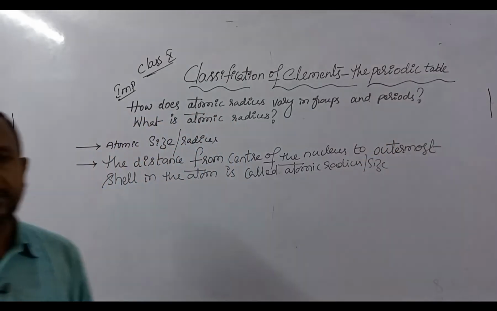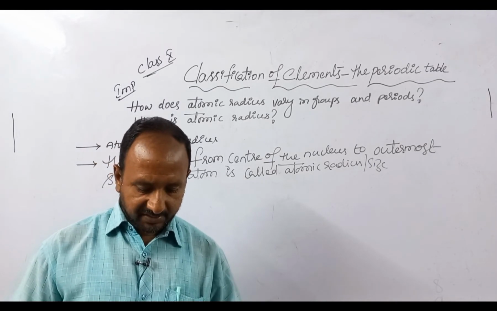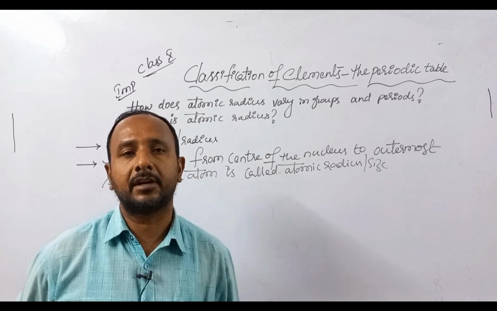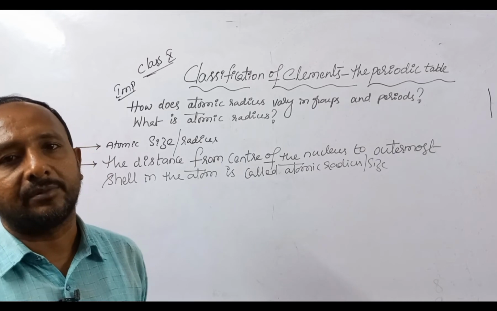It is the definition for atomic radius or atomic size, student. So, the distance from the center of the nucleus to the outermost shell of an atom is called atomic radius. It can also be called atomic size.